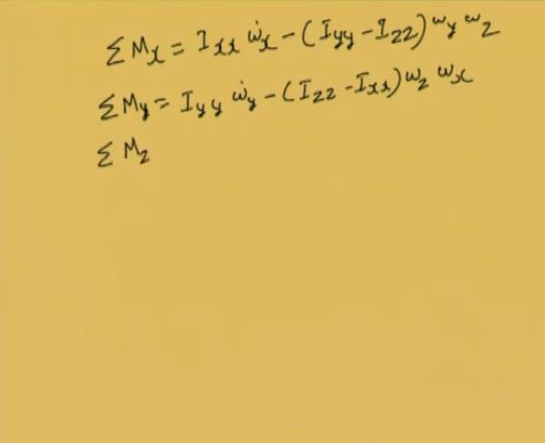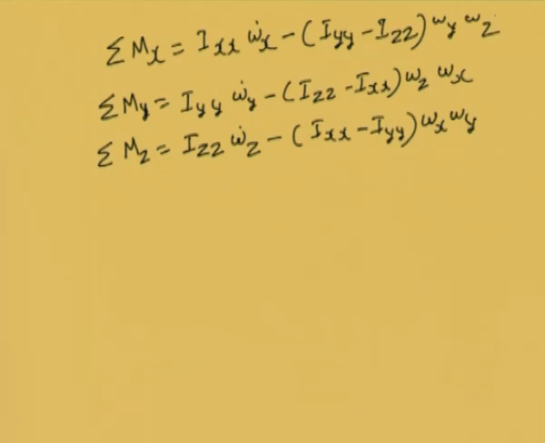Sigma Mz is equal to Izz omega dot z minus (Ixx minus Iyy) omega x omega y. So we get this set of equations, somewhat simplified. Had we not used the principal axes, the expressions would have become very complicated. But in this case, we got simplified expressions.